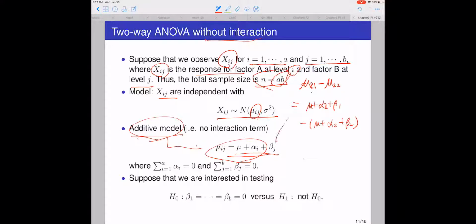Alpha 2 cancels out, so we get the difference between beta 1 and beta 2. That means the difference in level j, mu ij minus mu ij prime, has nothing to do with i. It just depends on j. That is the additive model.